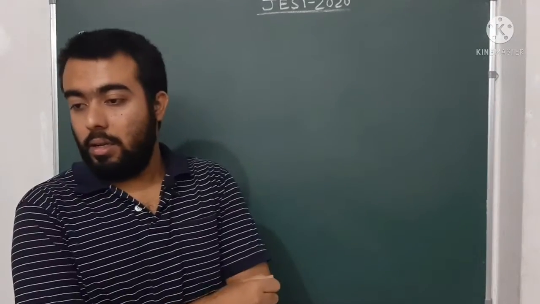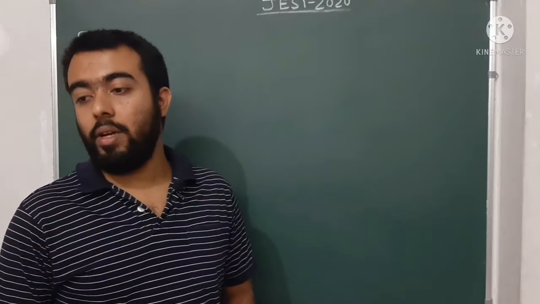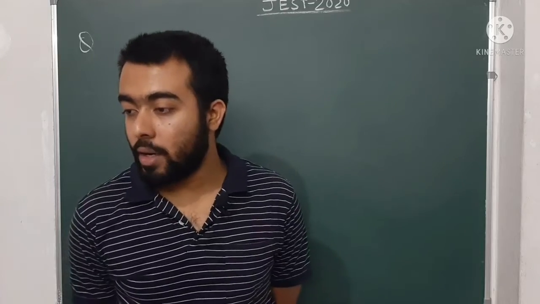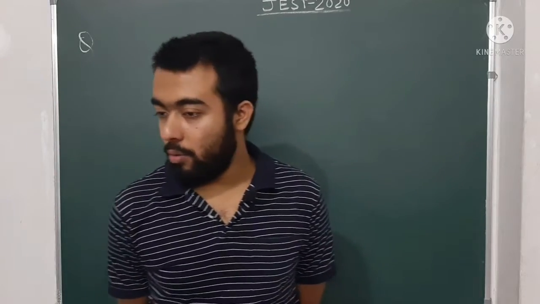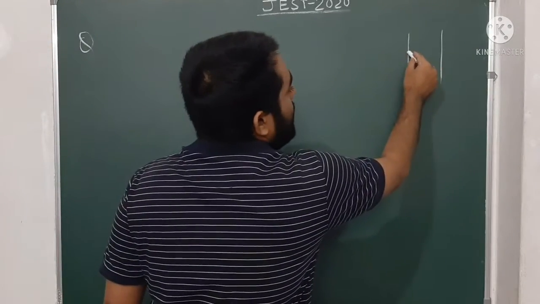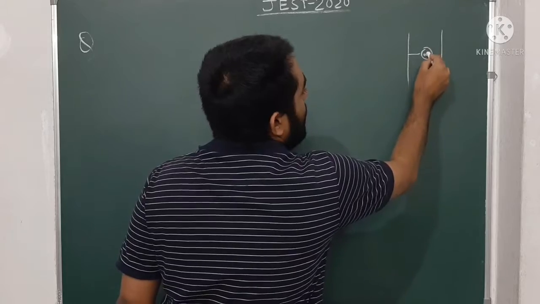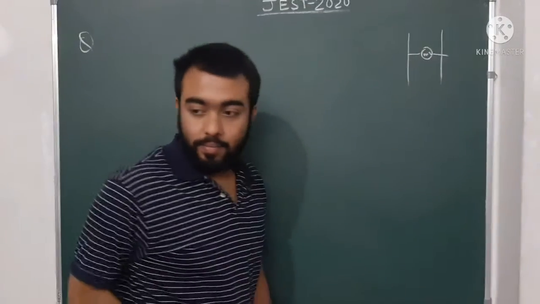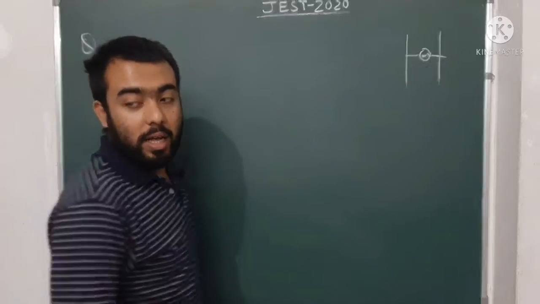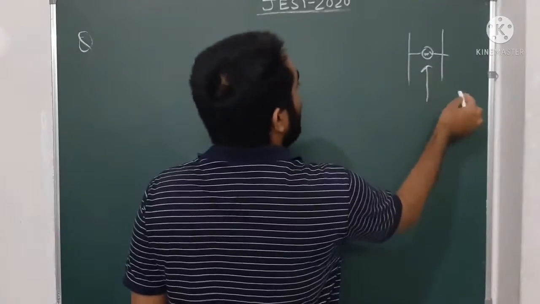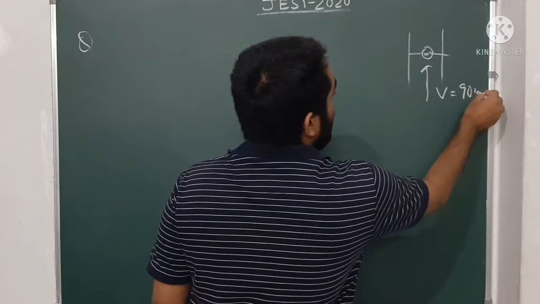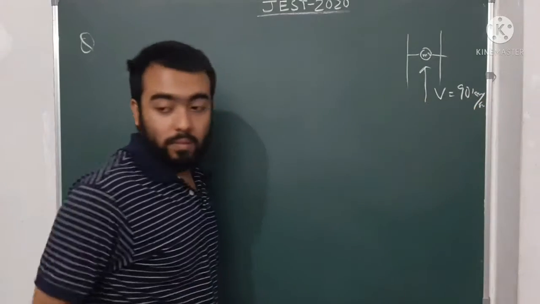Next question. The two rails of a railroad track are insulated from each other and from the ground and are connected by a millivoltmeter. So two rails are like this and they are connected by a millivoltmeter. Now what is the reading of the millivoltmeter when a train travels at a speed of 90 km per hour?